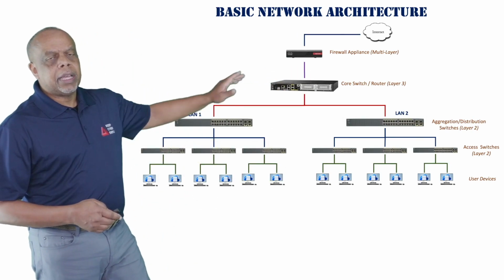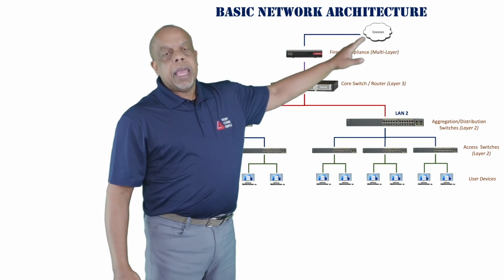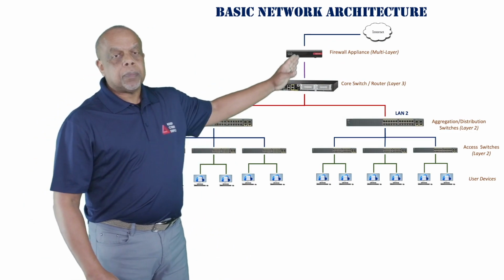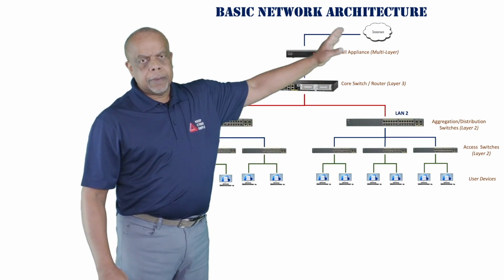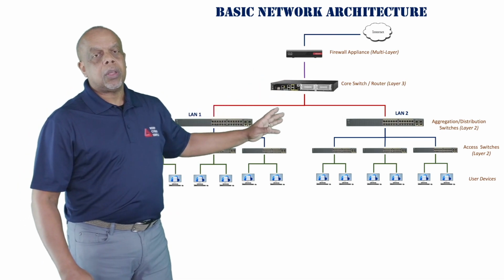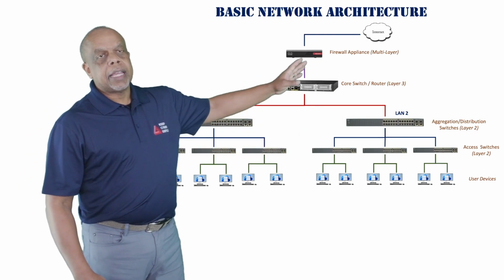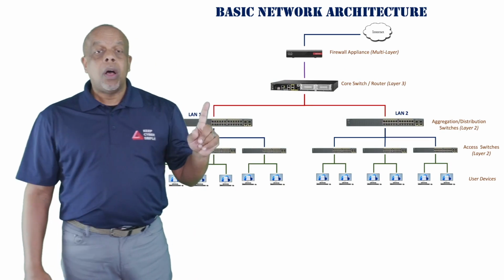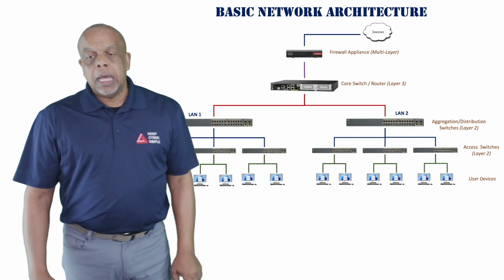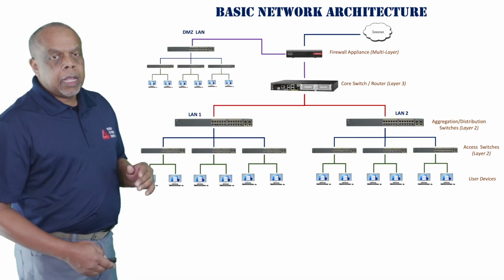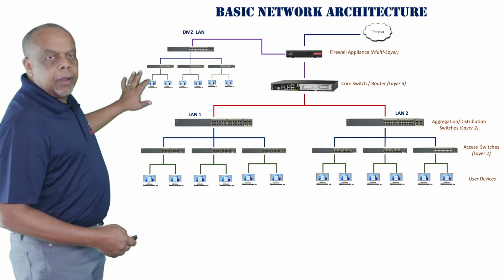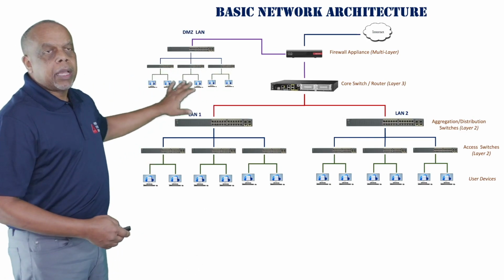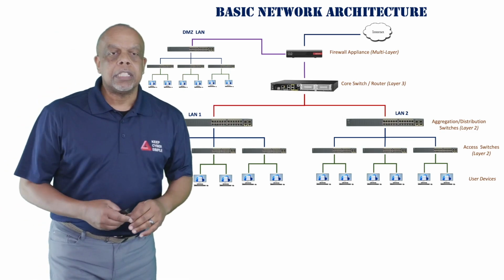So this will allow us now to connect from here to the internet, and we can have firewall rules in place that determine who can get out, or what protocols or what machines or devices can actually get out to the internet. We can also use this device to do other things with our network. Let's say we may have another local area network out here, and I call it the DMZ, a demilitarized zone.